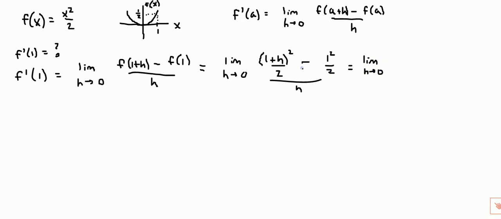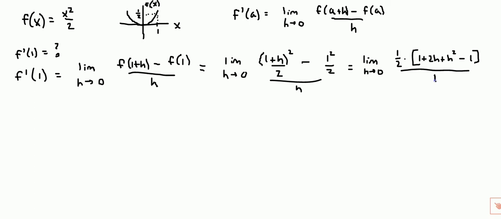And these both have a 1/2, so I'm going to factor out the 1/2. And that gets multiplied by the quantity. So we have 1 plus h squared. That's going to give us 1 plus 2h plus h squared. And we're left with minus 1 squared, which is just 1.